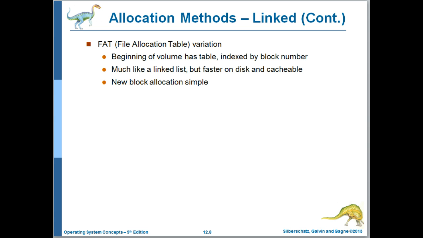The FAT blocks can be kept cached in memory. So rather than traversing from link to link to link by reading blocks and extracting the links, we can simply pull the links from the cached FAT blocks.